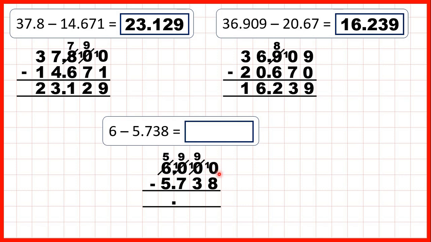So now 10 minus 8 is 2, 9 minus 3 is 6, 9 minus 7 is 2, and 5 minus 5 is 0. That gives us 0.262.